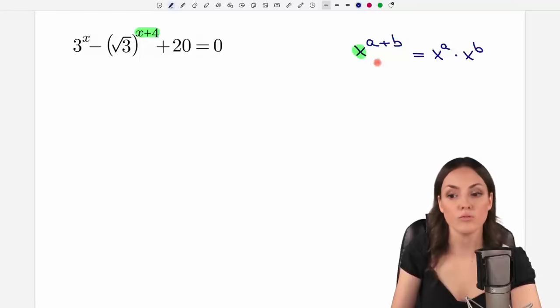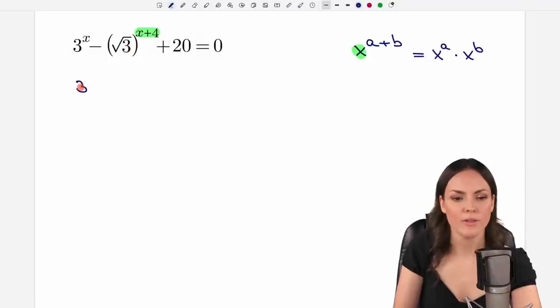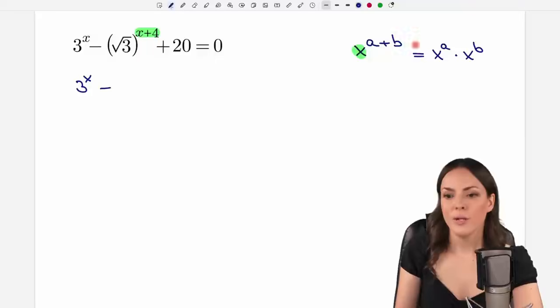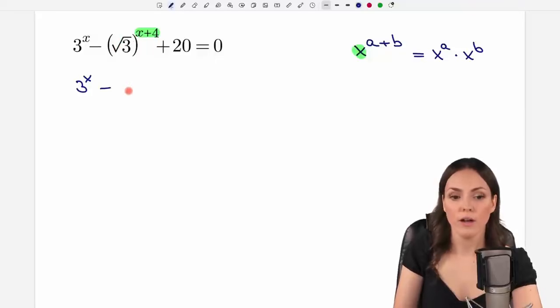Let's apply this rule to this expression here. So we have 3 to the power of x minus. Now, we take the base. In our case, it's the square root of 3. We write it in parentheses, and then we raise it to the first part of the sum. So here it is the x.